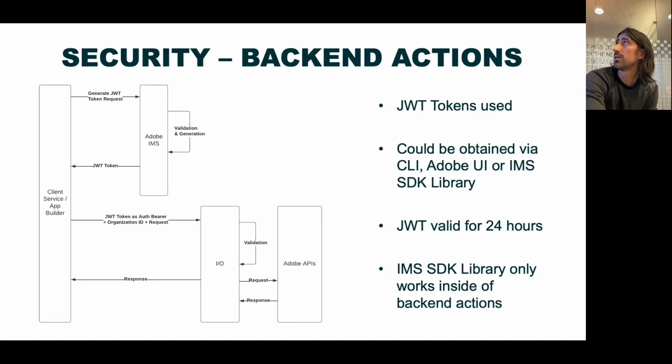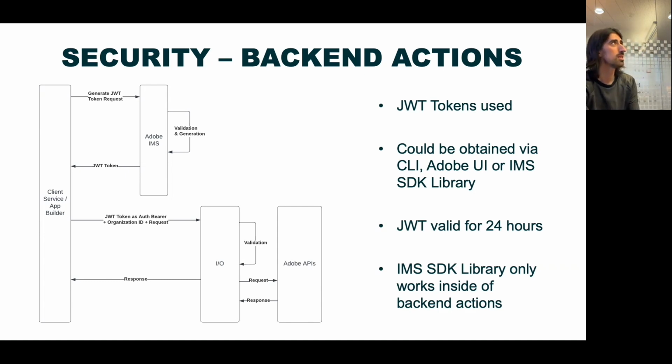Shortly about the authorization. That's what I told before: Adobe has EMS, the Identity Management System, which manages the logins. If you have backend actions, it's JWT token based, so JSON tokens. You can get it in different ways: from the CLI, from the Adobe UI itself, or there is the EMS SDK library.